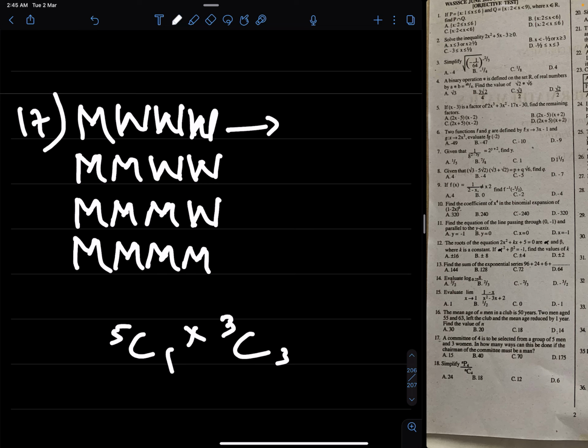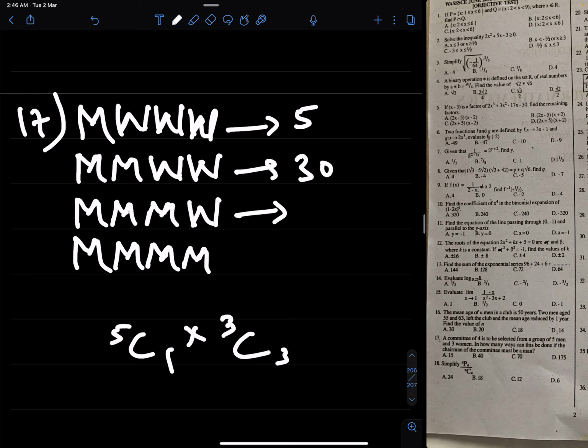Two men and 2 women is 5 combination 2 times 3 combination 2, which is 30.